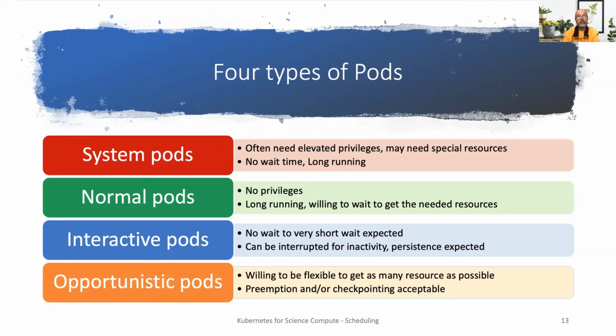You have the system pods that will often need elevated privileges, may need special resources, and they are really high priority, and they don't want to wait. If I need a service that will provide support for the storage, well, it better run, or nothing else in the system will work. That's the most extreme one, but there are many other system services, from monitoring to auditing and so on, that you really want to run. So you want them to be at high priority.